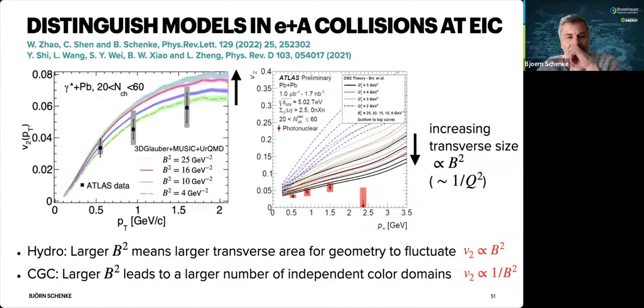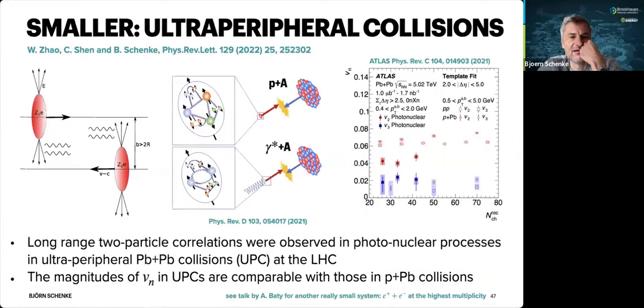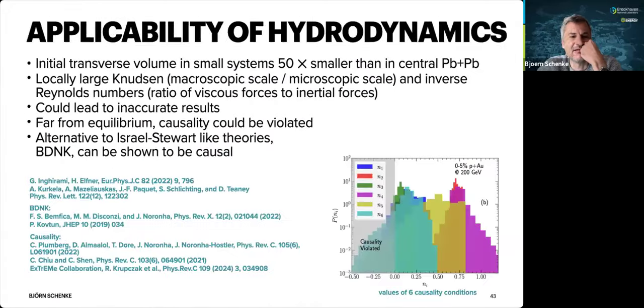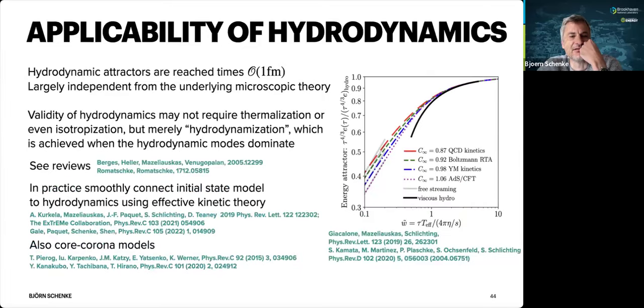So if you do the Fourier analysis of your microscopic theory, you will have different types of modes in your complex plane. The non-hydro modes typically decay quickly, whereas the hydro modes are the long-lived modes.